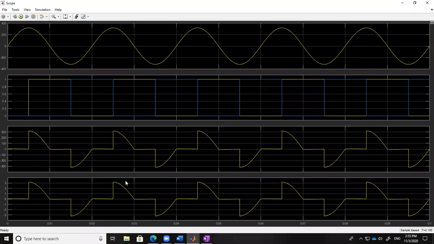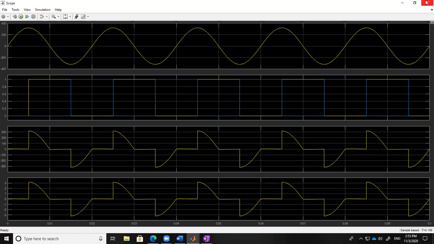What do you see? A completely chopped waveform, which is there for 90 degree and not there for another 90 degree, right? So what is the purpose of chopping the waveform?